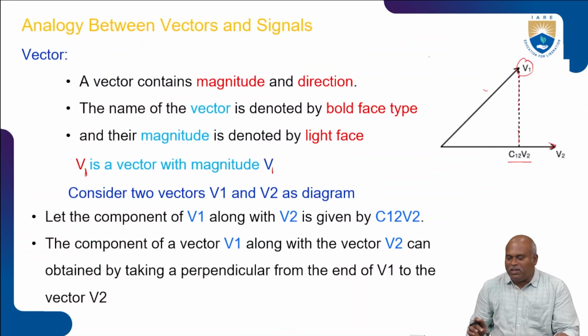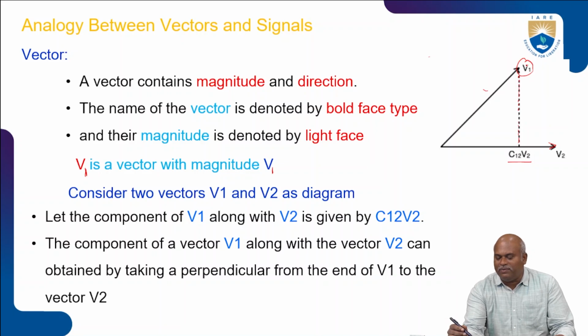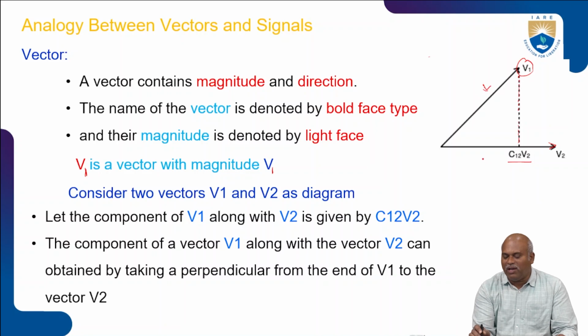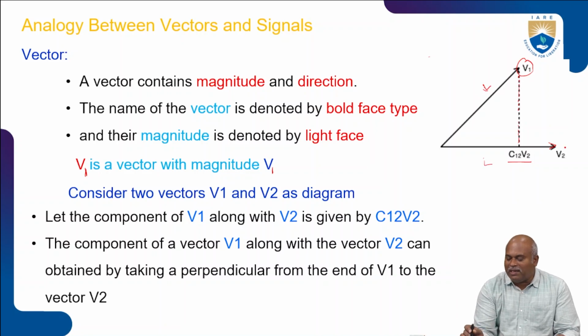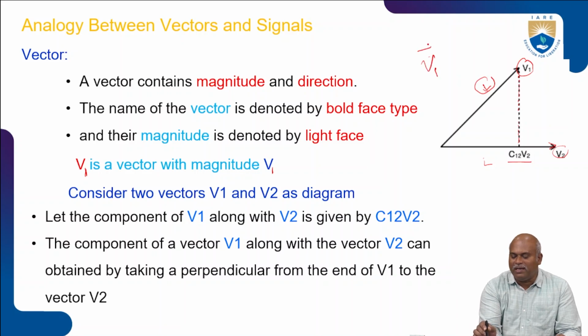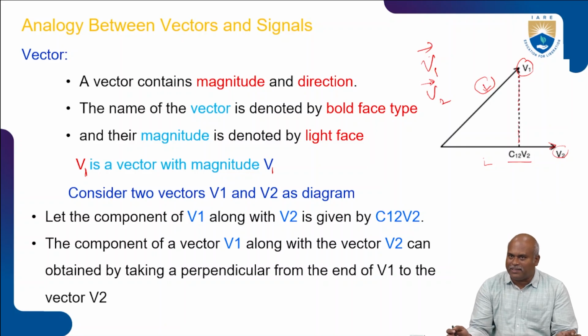In this diagram, V1 has some length, and V2 has some length, but as vectors they represent direction, V1 in this direction and V2 in the direction of the arrow mark. Now we come to the magnitude response. Compare this length with this length.